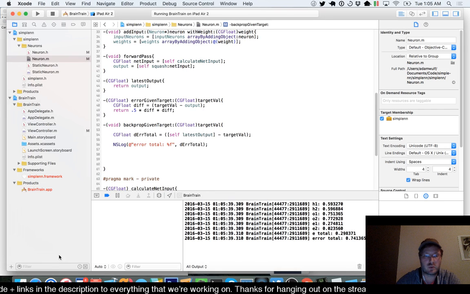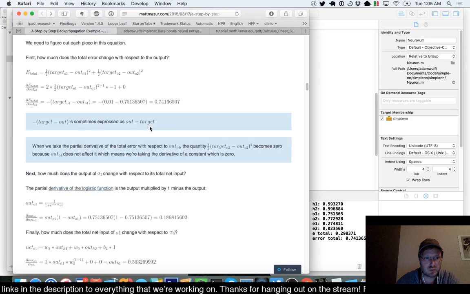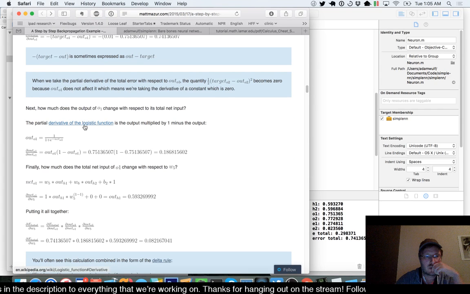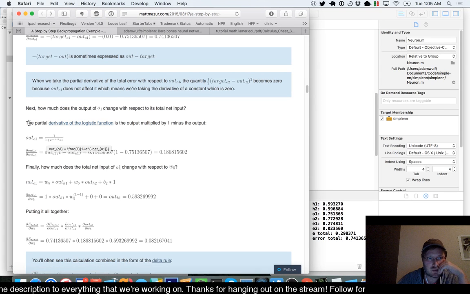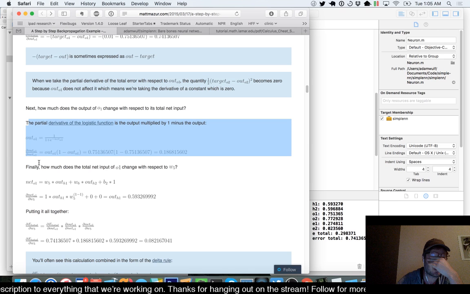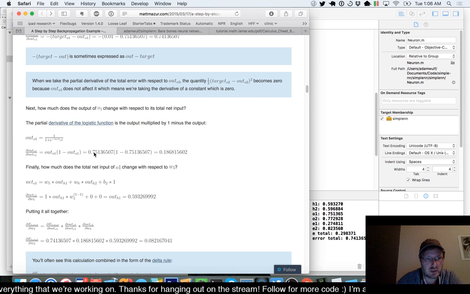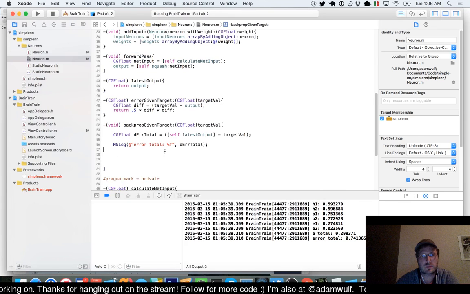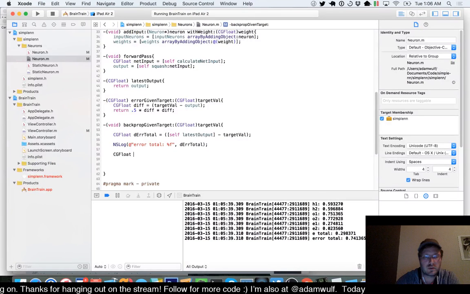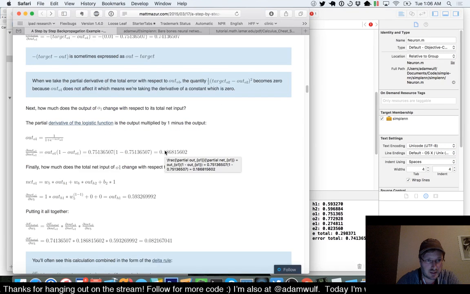And so now we want to figure it out with respect to our net output. So we're taking the derivative through the nonlinear formula, right? Which is going to be out of O1 times 1 minus out of O1. So CGFloat, what are we going to call this? D net.